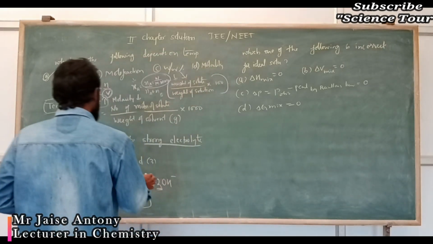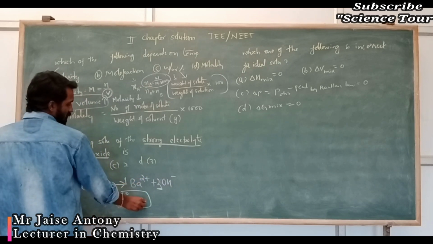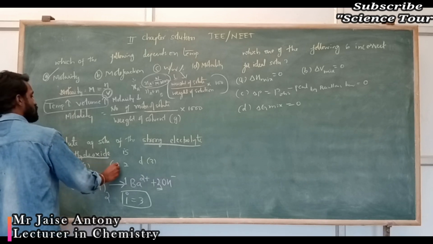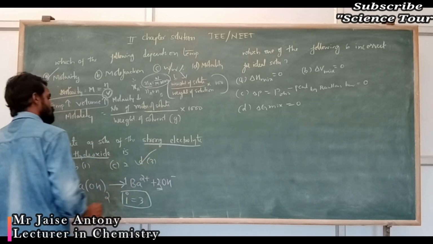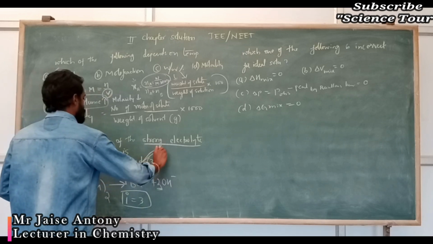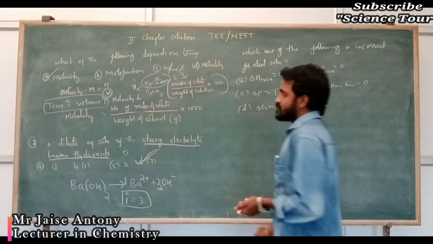Understood? So 2 hydroxyl, 1 barium, total i is equal to 3. Here options A 0, B 1, C 2 are given. The answer is 3.